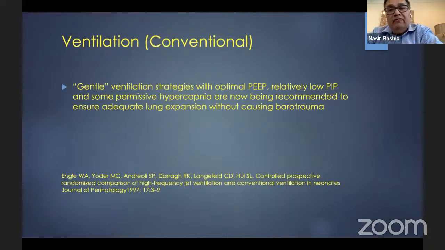A little bit of permissive hypercapnia is okay, and CO2 of 35 to 50 is reasonable. And just try to maintain the optimal lung recruitment and expansion, and avoid the barotrauma if you're using a conventional ventilation. And that is where the oscillator is very helpful, because it causes less barotrauma as compared to conventional ventilator.